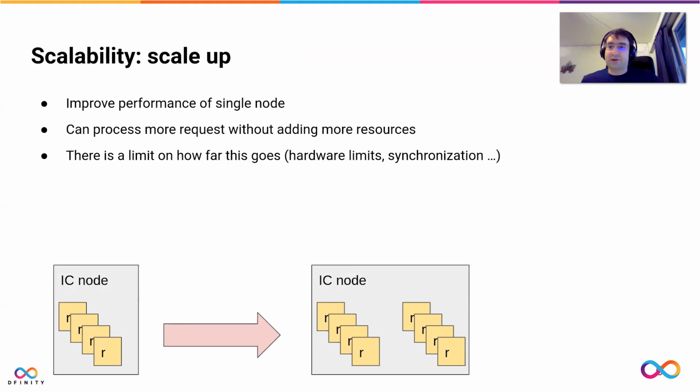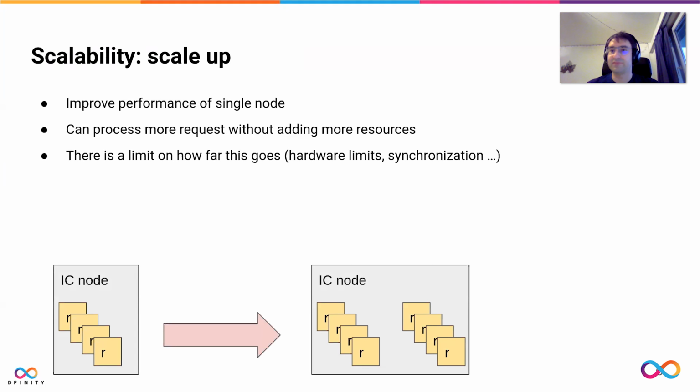Right, so before we dive into the details, I wanted to talk a little bit about scalability and the two types of scalability you can have in a system. So first, you can scale up a system. That means we want to improve the performance of a single node so that a single node in the system can process more requests per second without us having to add more resources.